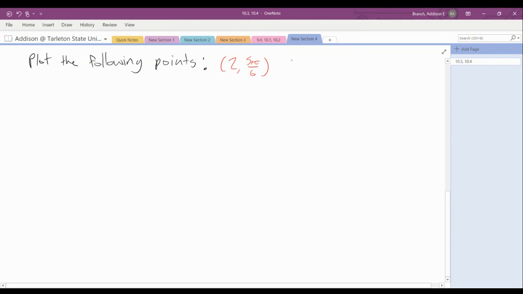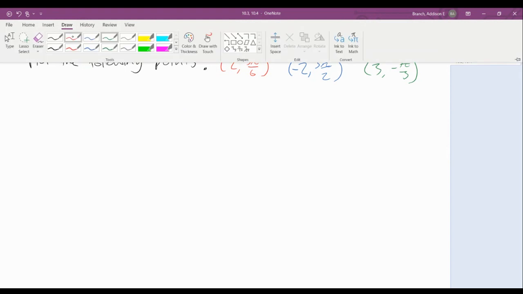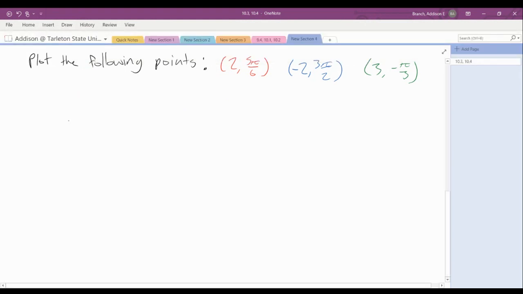The next one we can try is going to be (-2, 3 pi over 2). And the last one we're going to do is (3, -pi over 3). All right, so for all three of these, we need to start off with our polar axis.